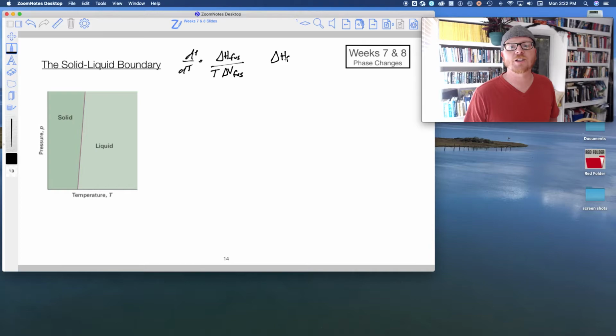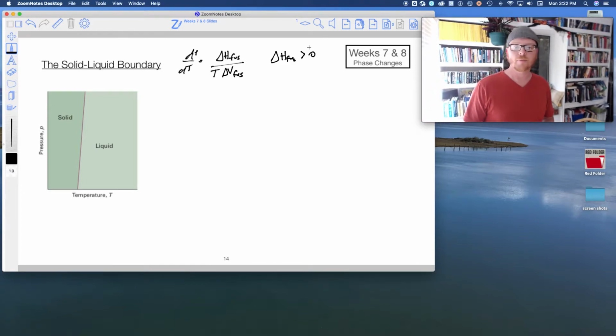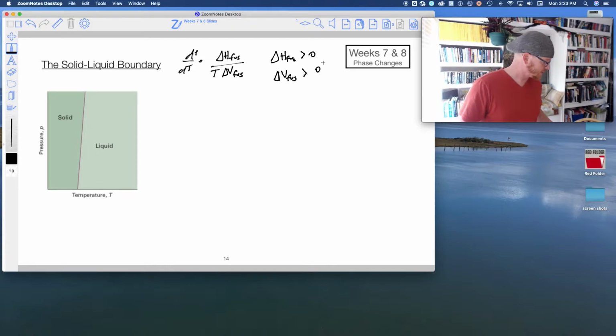The delta H of fusion is definitely greater than 0 because there's an increase in entropy when you go from a solid to a liquid. And the delta V of fusion for most things is greater than 0. In other words, when you go from a solid to a liquid, the material usually expands because its liquid is less dense than its solid.